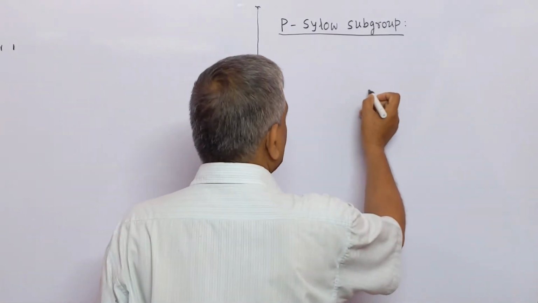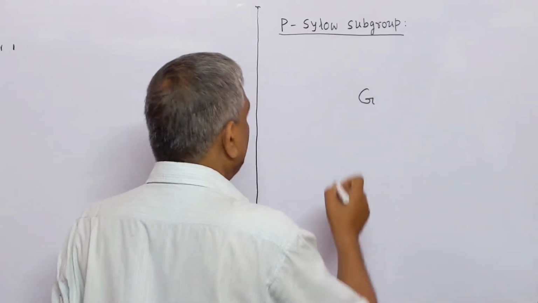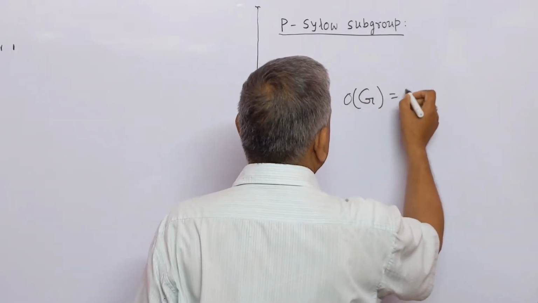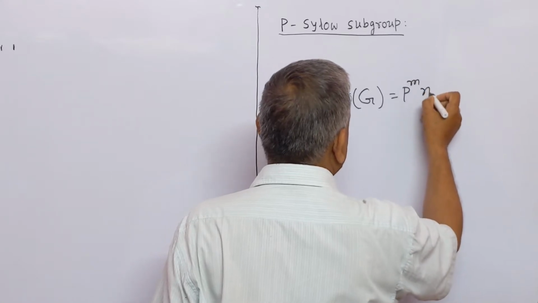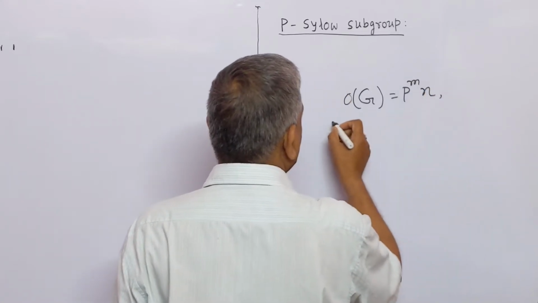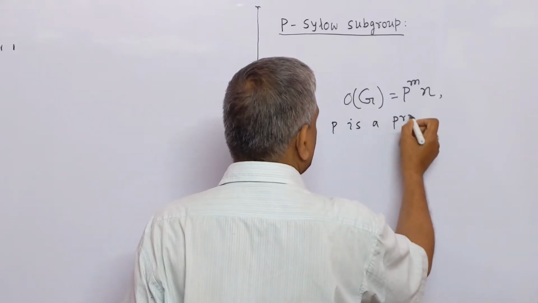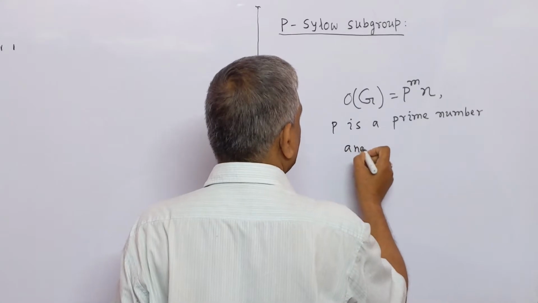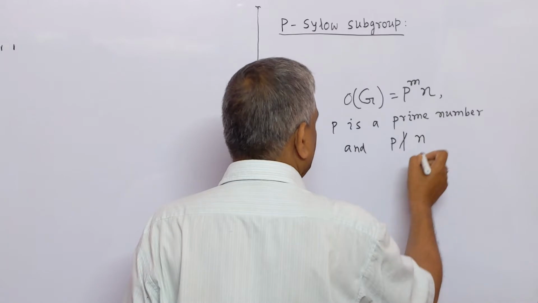Let G be a finite group of order P to the power m multiply n, P is a prime number and P does not divide n.